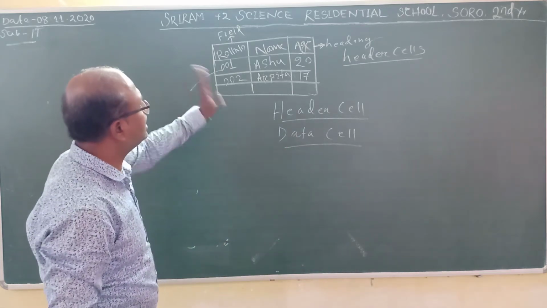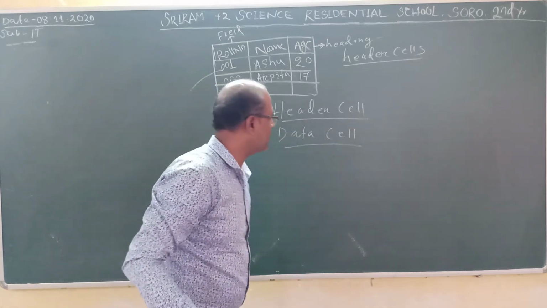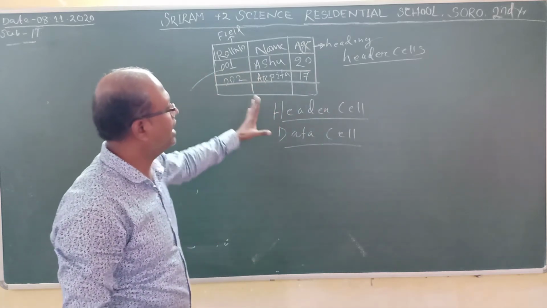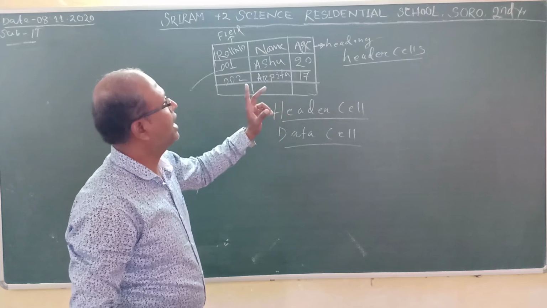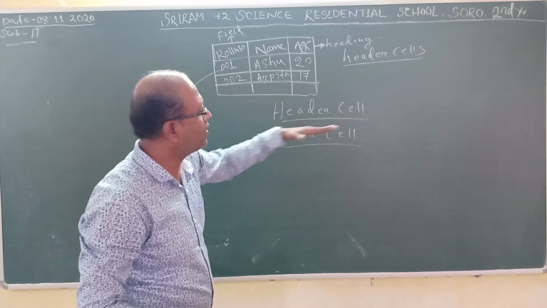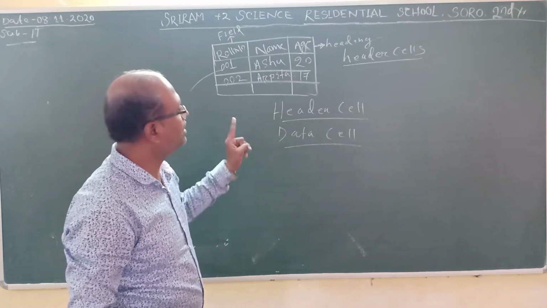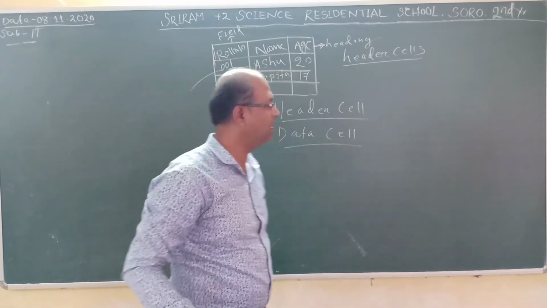Clear? So in a table we find that a table is the collection of rows and columns, and the first row of that table is known as the heading, and the heading is the collection of some header cells in a particular horizontal format, and header cells contain the information about the heading of the table. Clear?